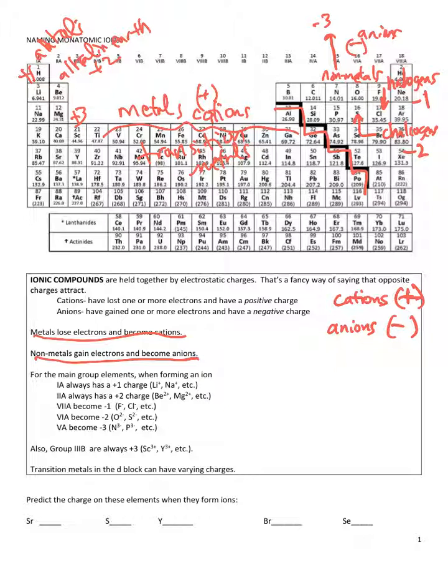And so the 1A always have a +1 charge. The 2A always get a +2 charge. 7A, the halogens, become -1. 6A, the chalcogens, become -2. And 5A become -3. So these are important things that you've just got to know, memorize.